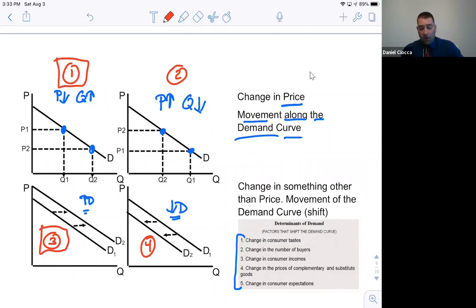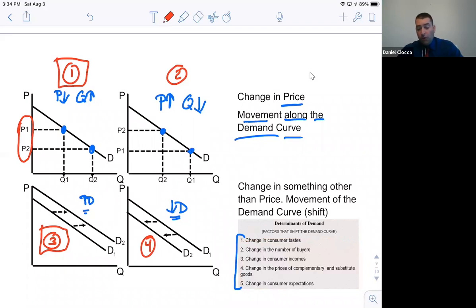Graph 1 illustrates a customer more willing and able to buy because the product's price has gone down. Graph 3 illustrates a customer more willing and able to buy no matter what the price is or was. They're more willing and able to buy at every price because some factor other than price has changed.